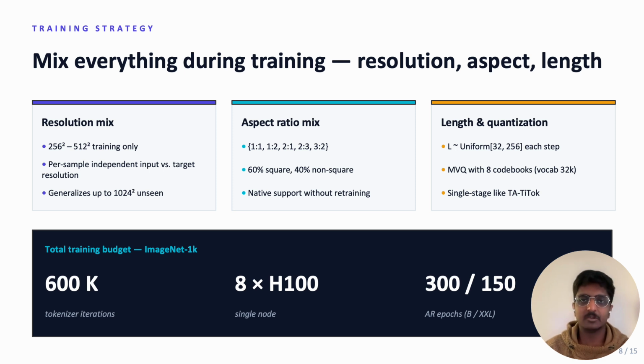To train VibeToken, we basically mix three different recipes: resolution mixture, aspect ratios, and the length and quantization. We train our model only on the 256 and 512 resolution budget, and we still observe that it generalizes up to the 1024 resolution without requiring any resolution-specific fine-tuning.